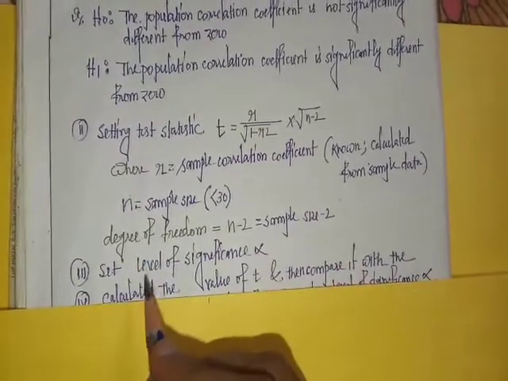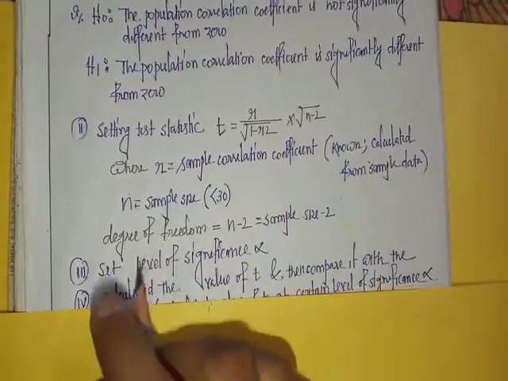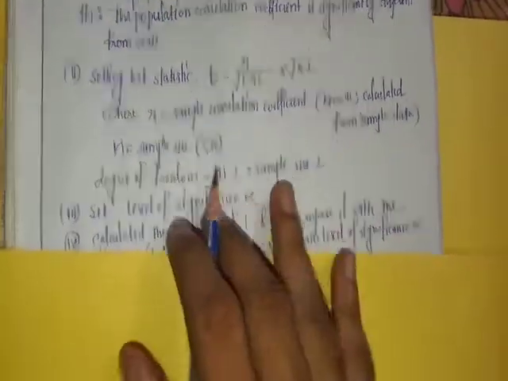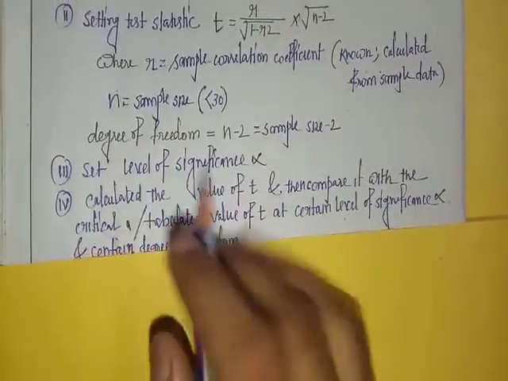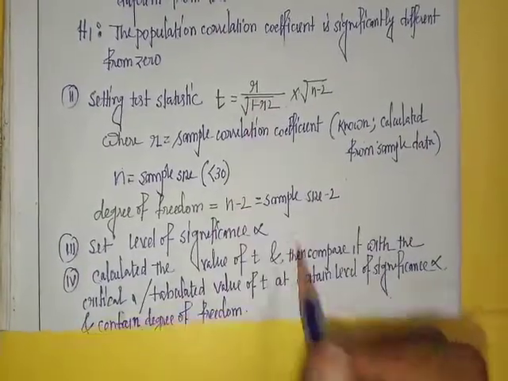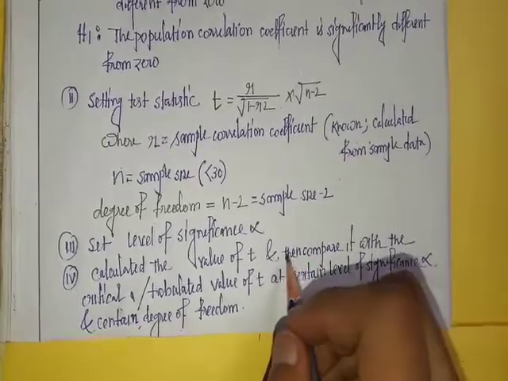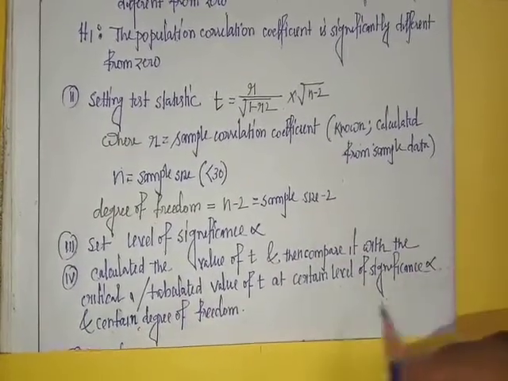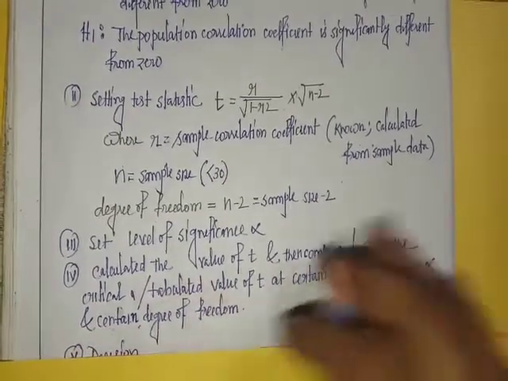Next, set the level of significance alpha. Next, fourth step, calculate the value of t and compare it with the critical or tabulated value of t at a certain level of significance alpha and certain degrees of freedom.